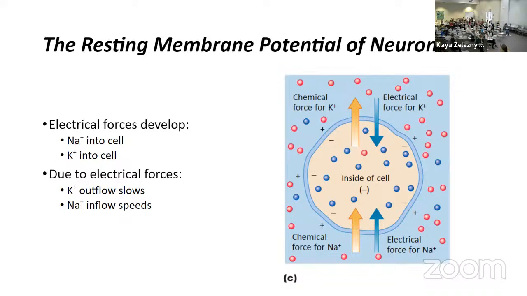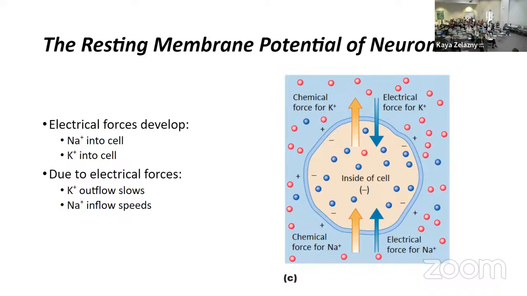Our sodium potassium pump is our first and most important example of primary active transport. Primary active transport because it uses ATP to pump ions against their gradients. Push compounds against their gradients, in this case ions. So we push 3 sodium out, we pull 2 potassium in every time the sodium potassium pump does something.